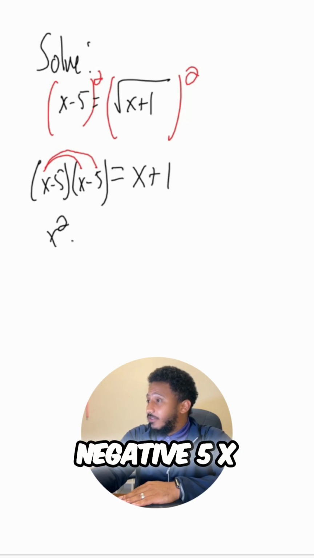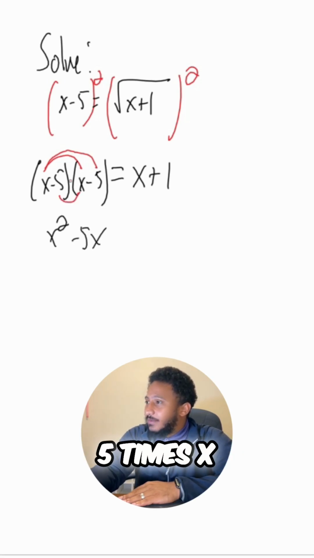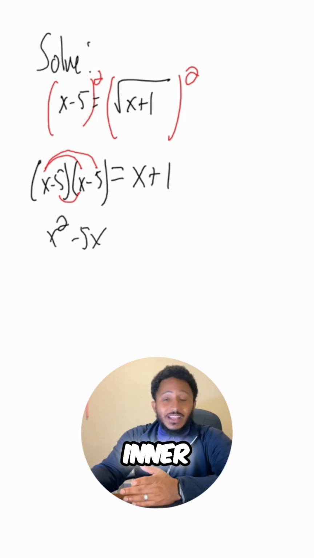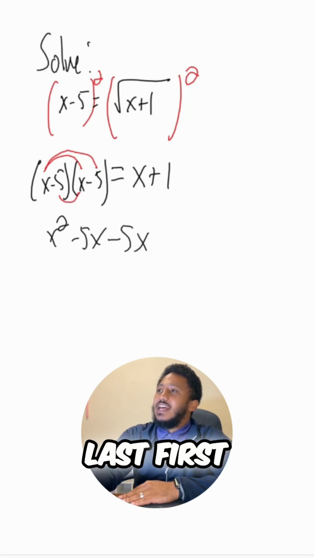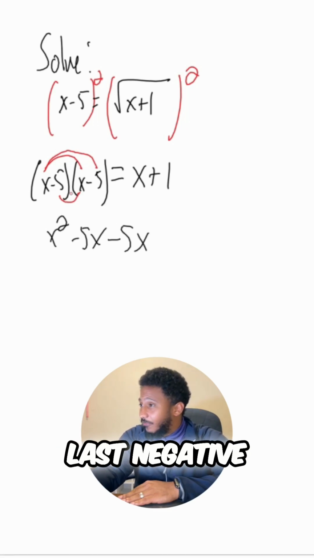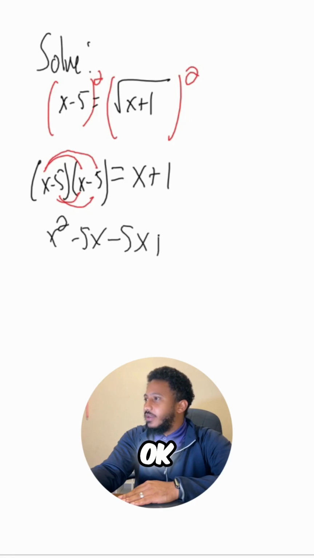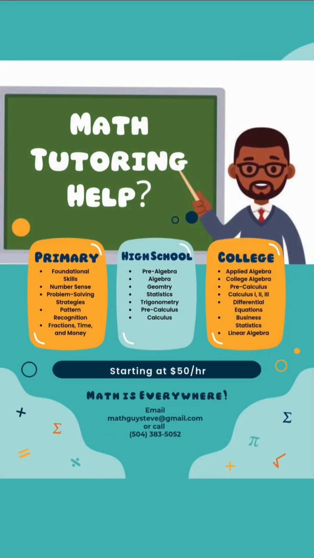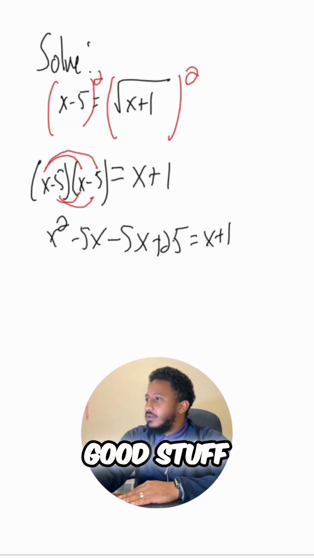Inner, negative 5 times x, is negative 5x. Last, negative 5 times negative 5 gives a positive 25. Equals x plus 1. Good stuff.